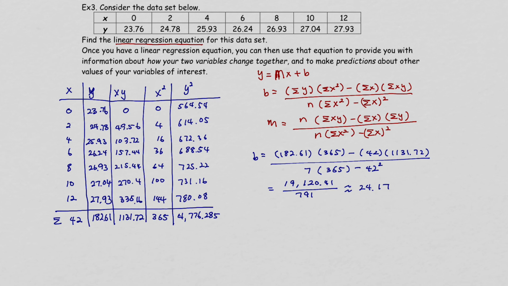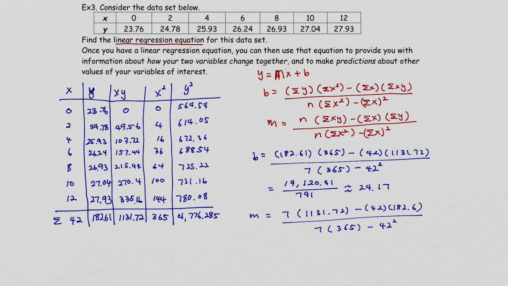Now let's find the slope. 7 times 1131.72 minus 42 times 182.6, all over 7 times 365 minus 42 squared.